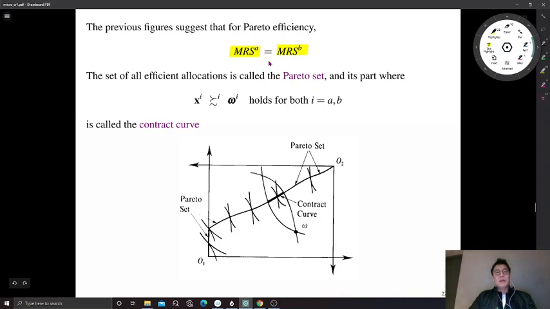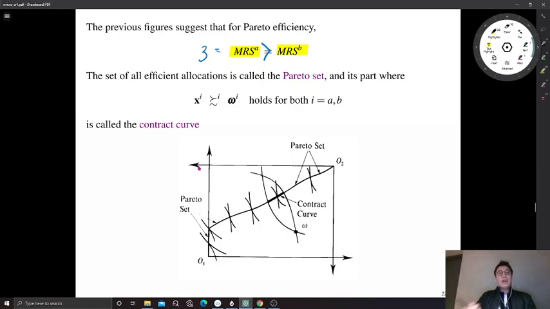That is pretty intuitive, because whenever two marginal rates of substitution are different, for example, if consumer A's MRS is higher than consumer B's MRS, and if we think about the implication of marginal rate of substitution, it can be thought of as a consumer's subjective exchange ratio. So if one consumer's MRS is 3, that means consumer A is willing to exchange two commodities at the ratio of 1 to 3.